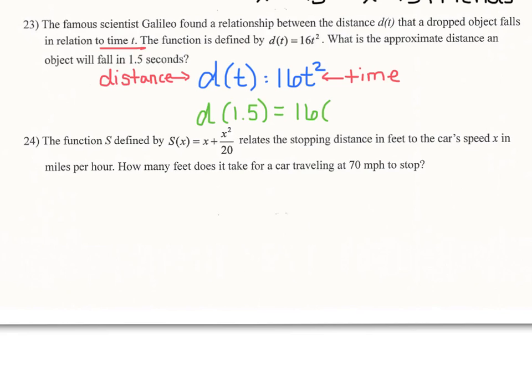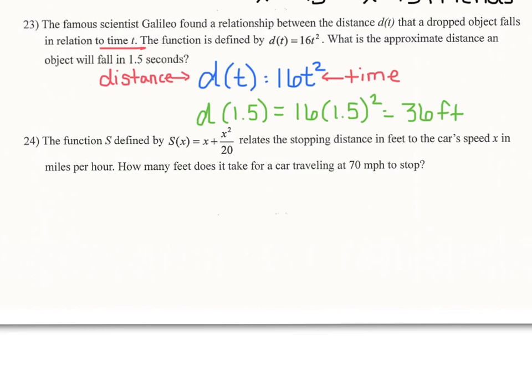So that would be 16 times 1.5 squared, and that will give you 36. That should be in feet, I believe. Yes. 36 feet. Okay, so that was just a plug the number in and solve, kind of like the first few on the first page, just this one surrounded it with a bunch of scary words.